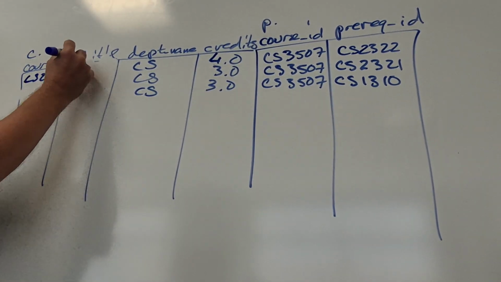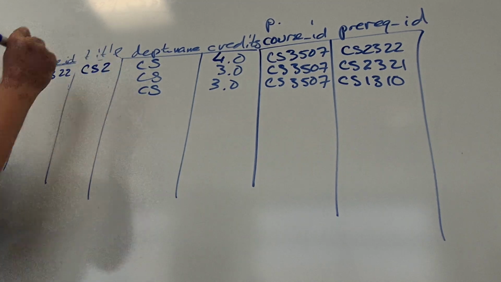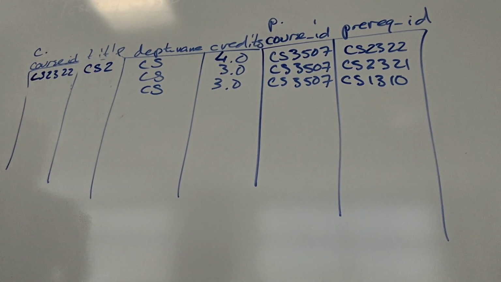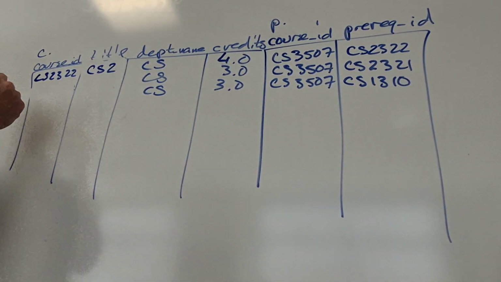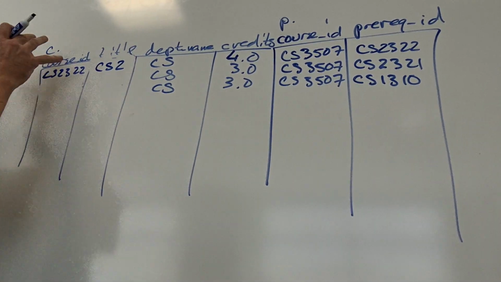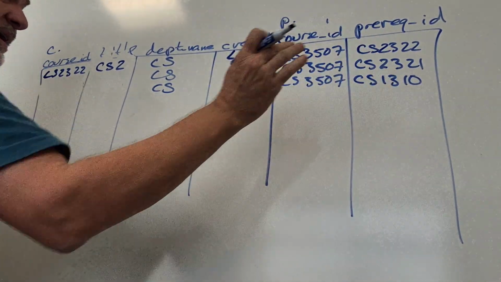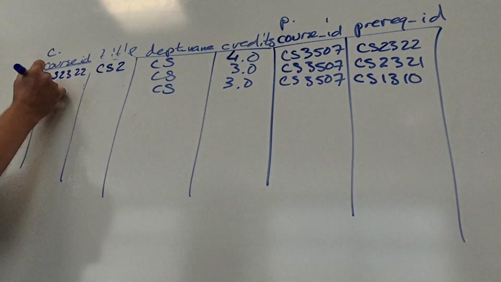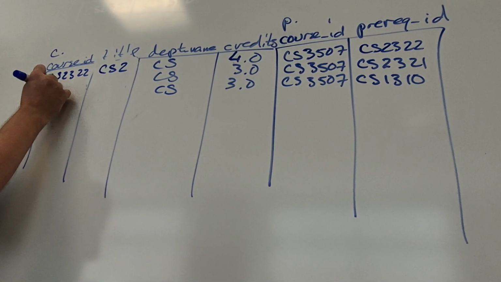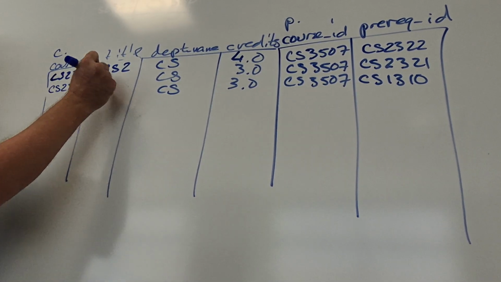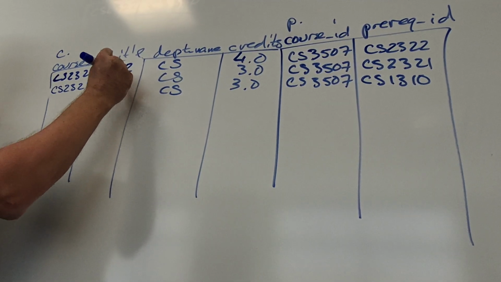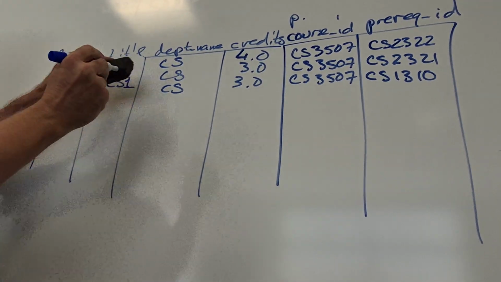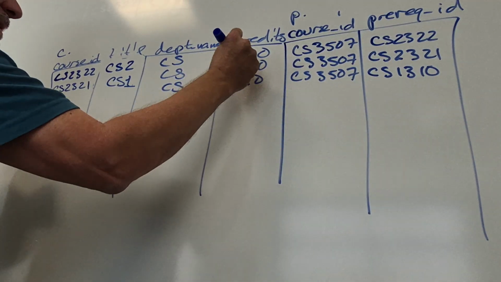And it is a CS2. And we're connecting to that row, and the only row in the courses table that has the same value as prereq ID in it, its data is CS2321. Its title is CS1, also CS department, also 4 credits.